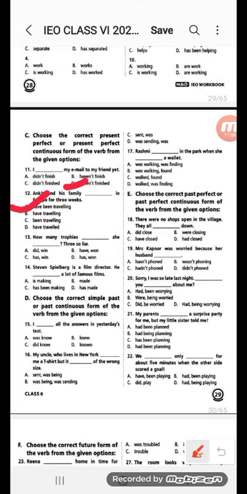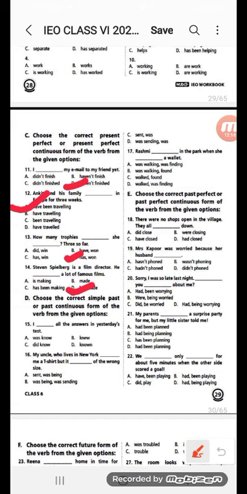Number 13, how many trophies has she won? There are 3 so far. Number 14, Steven Spielberg is a film director. He has made a lot of famous films.